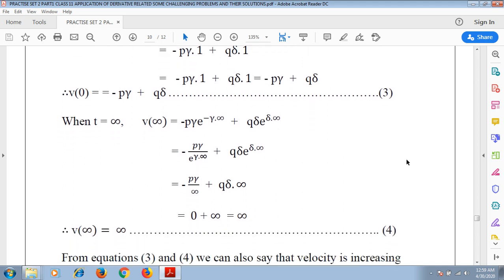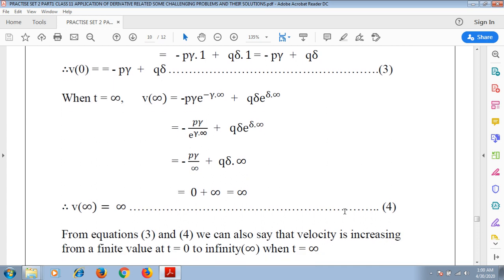Since e to the power gamma infinity equals infinity, right? And e to the power delta infinity equals infinity. So we have minus P gamma by infinity plus Q delta into infinity. Anything divided by infinity results in 0, so the first part is 0, plus anything multiplied with infinity results in infinity, which finally results in infinity. That is, V infinity equals infinity, and we have numbered it as equation 4.